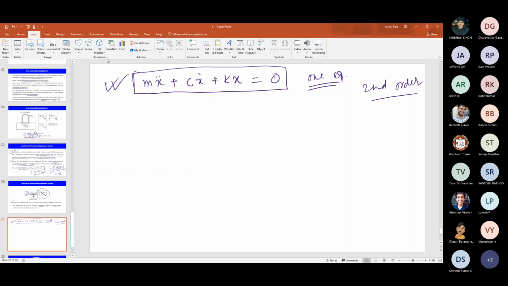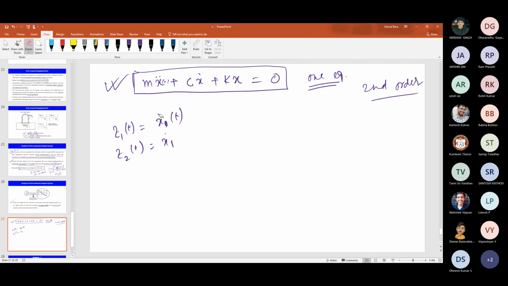Let's say z1 of t equals x of t, and z2 of t equals x dot of t.